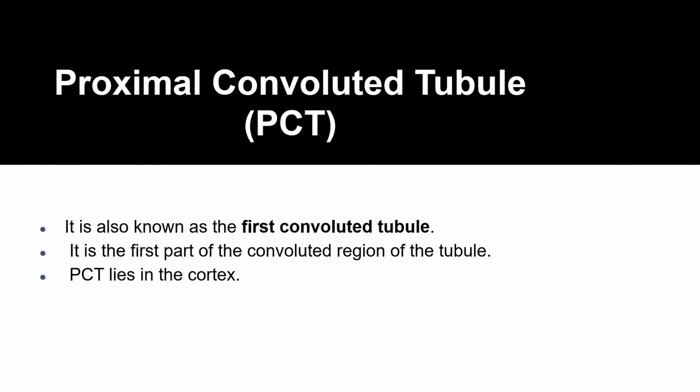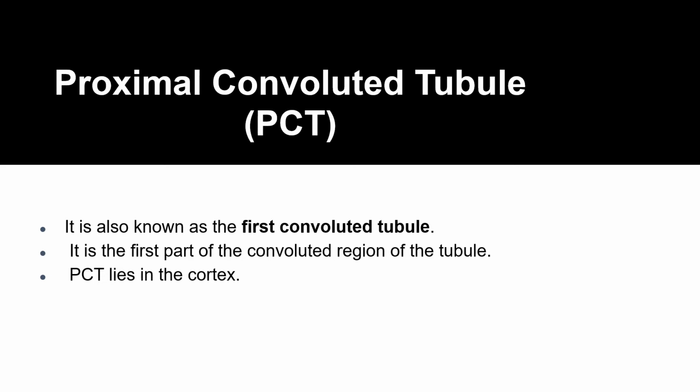Now let us understand about the proximal convoluted tubule. In short it is called PCT, and it is also called the first convoluted tubule. This is the first convoluted region of the tubule, and this PCT lies in the cortex region of the kidney.